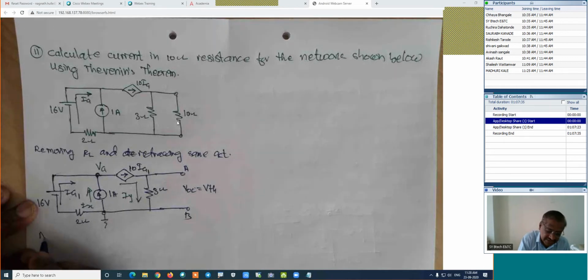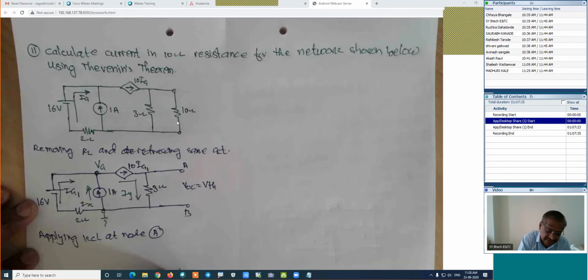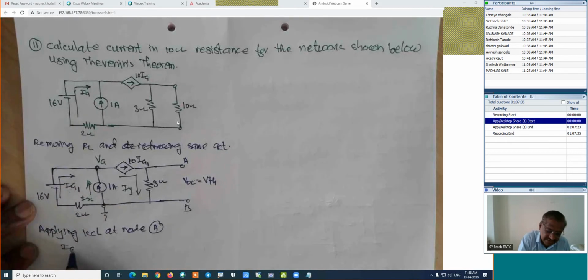Applying KCL at node A. If we apply KCL at node A, how is the equation? This is incoming, this is incoming, this is outgoing. Means the equation will be IA1 plus IX equals IY. Use any names for the current.